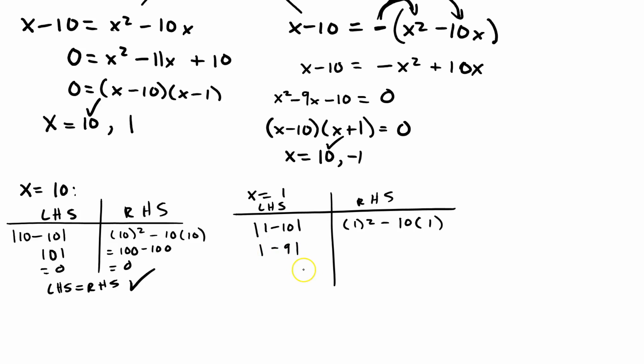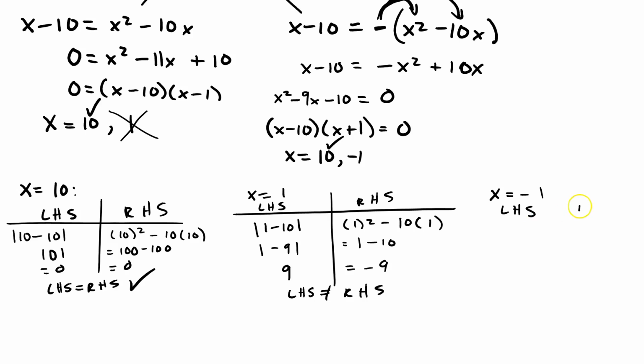The absolute value of negative 9 is going to be positive 9. Let's see what happens on this side. This is 1 minus 10, which is negative 9. Left hand side does not equal right hand side. So that means that x equals 1 is not a solution. Good thing we verified.